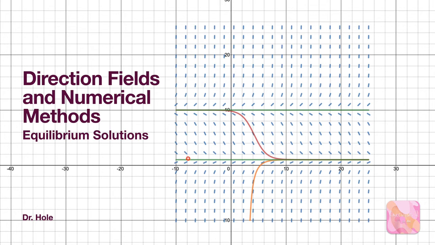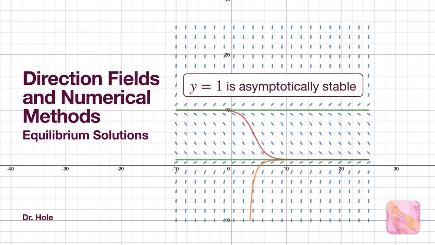that in the direction field, for y equal 1, if we start with an initial condition not equaling 1, but something quote-unquote near 1, then all solutions will tend towards that equilibrium solution. We term this type of equilibrium solution asymptotically stable.